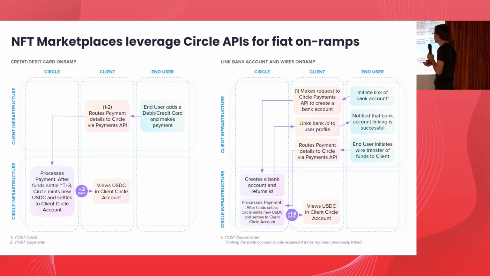The end user passes you their credit card information. You pass us their credit card information. We swipe the card for you, and then we give you back the USDC into your Circle account. And then once you have that USDC, you could use it to pay out some USDC to the creator of the NFT, or to invest in yield farming or something like that, or really anything else.